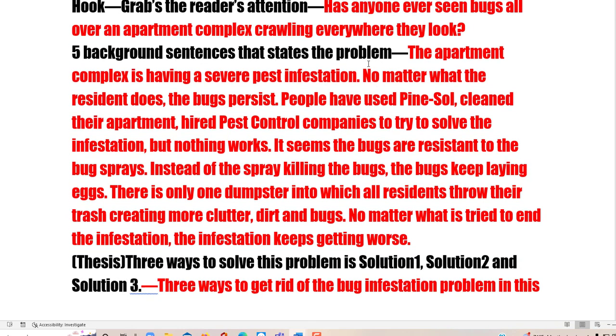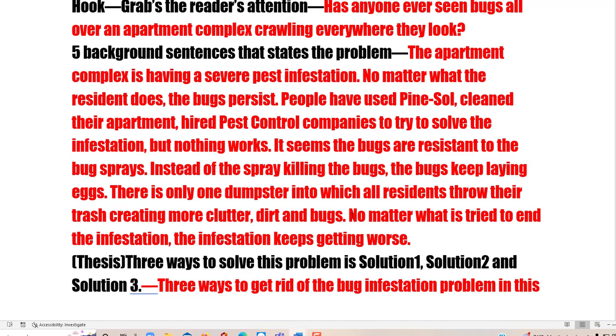If your problem is not bug infestation but dog do on the sidewalk, then you write about how many people leave their dogs' waste on the sidewalk and don't pick up after themselves. If you walk into it, you bring the disease into your apartment because it's on the back of your shoe. So that's not very good.